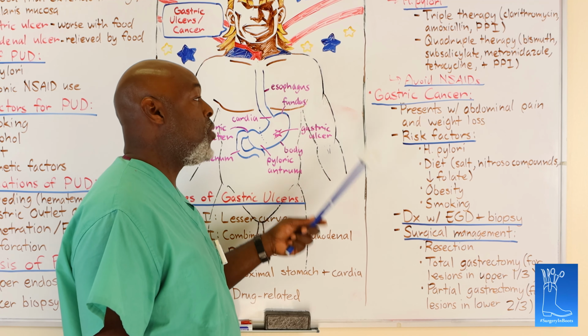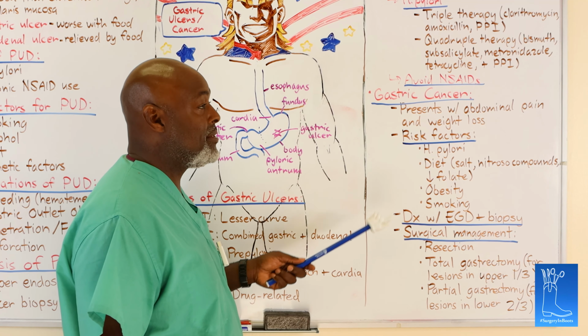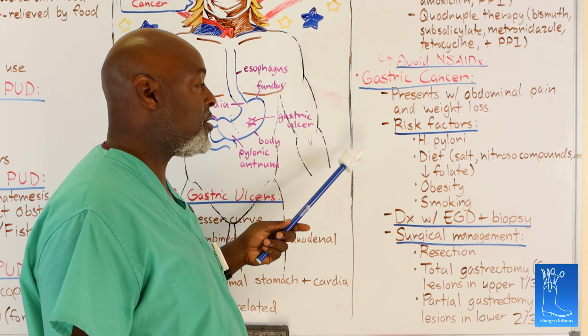You start to lose weight because of that, plus cancer requires a lot of energy. So your metabolism has increased because it's feeding the cancer cells, but your ability to tolerate food is decreased. So that's why they present a lot of times with unexplained weight loss.